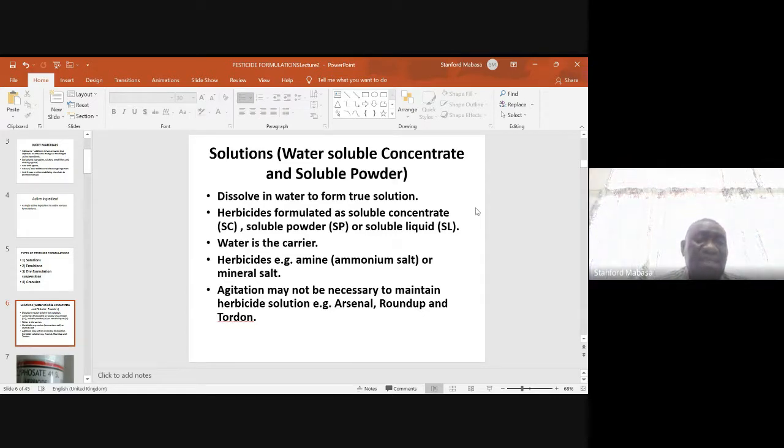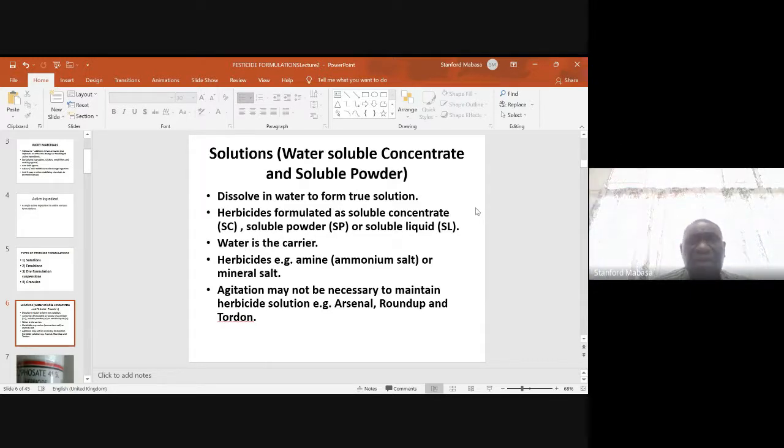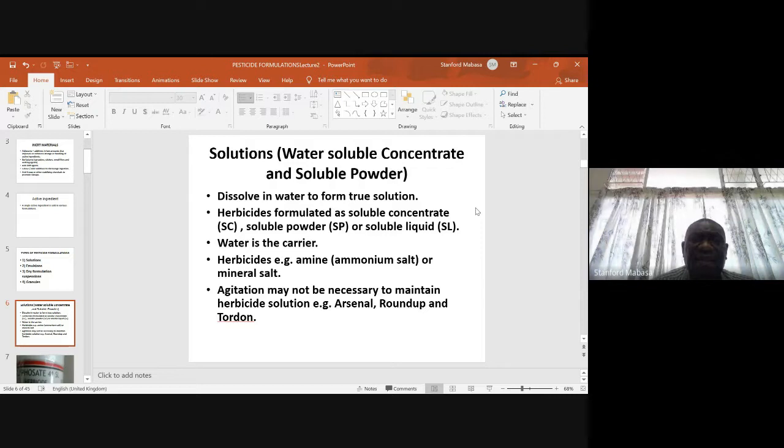These are easily made into solutions using water. So one of the formulations is that you have a form like soluble powder or soluble concentrate, which can easily make solutions.